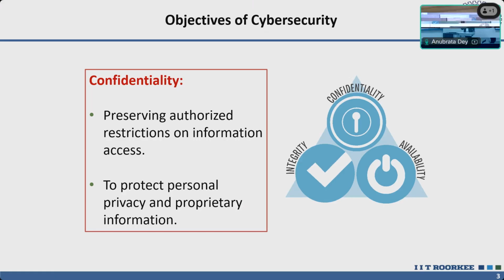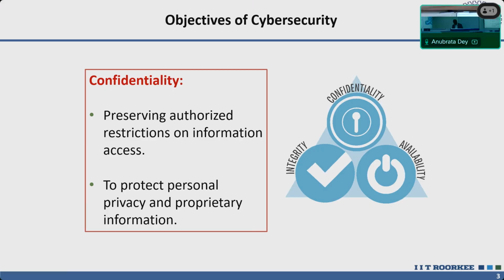Now if we go from the first one, confidentiality, it is nothing but we want to preserve the information that is available. That means only the authorized user gets access to that information. Others who are not authorized do not have access to that data, or whatever information we have.